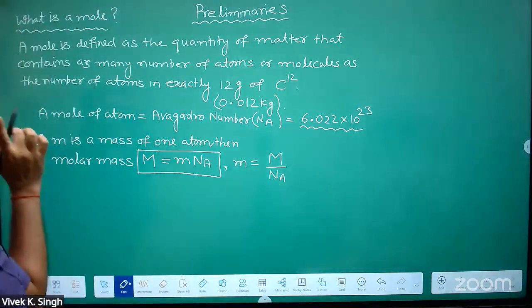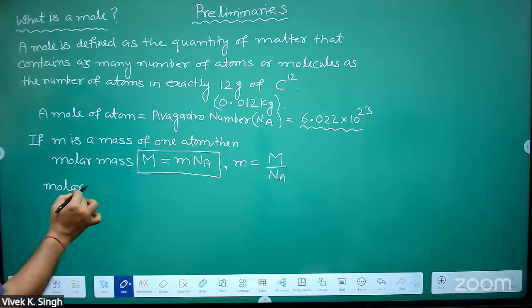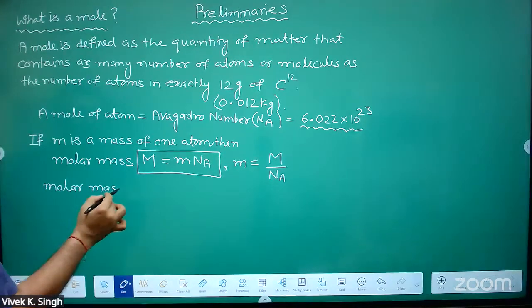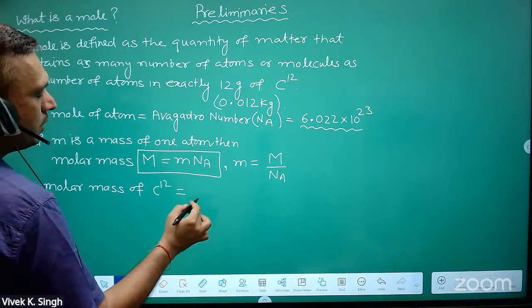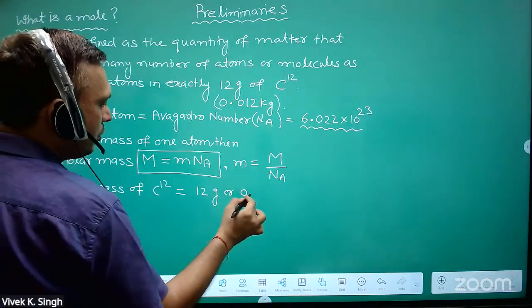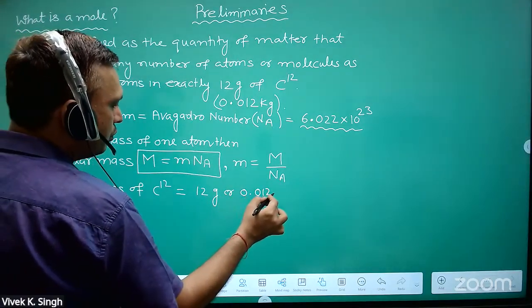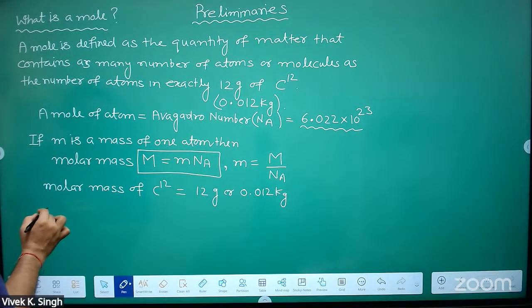So what is the molar mass of carbon 12? This will be 12 gram or 0.012 kilogram. What is the molar mass of H2O?